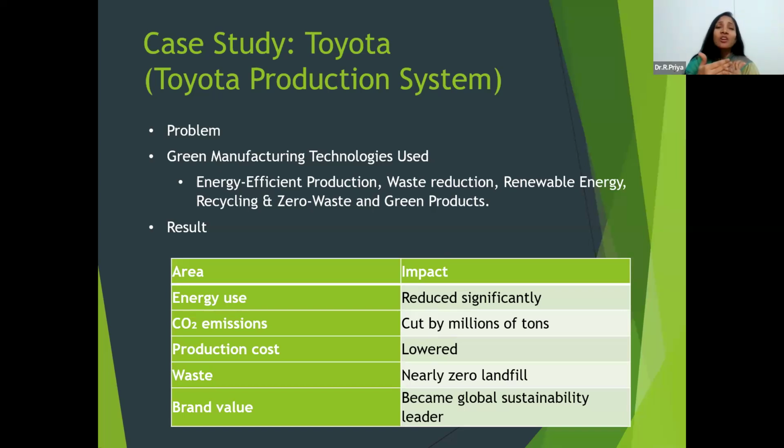The fourth technology is recycling and zero waste, the zero landfill policy. 100% of scrap metal is recycled, plastic waste is reused, and water is treated and reused. Some Toyota plants have achieved zero waste to landfill.